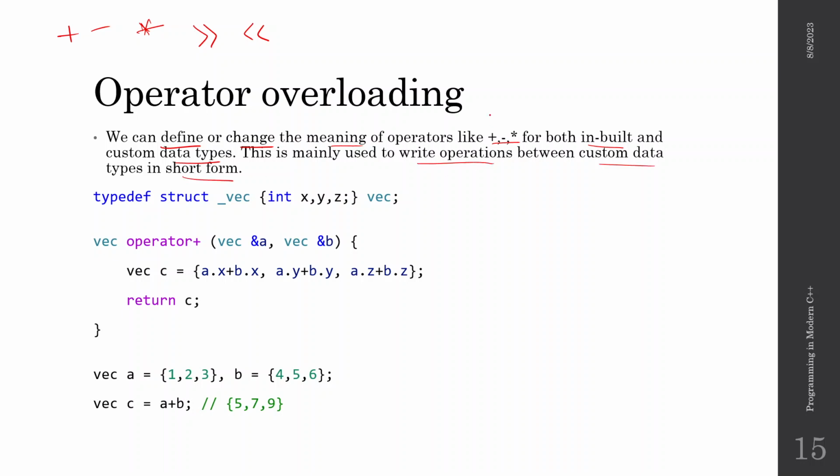For example, a very simple example that all of you have used, which is string concatenation. Suppose we have two strings, hello and world. Now in most languages if we write plus between them, then they are concatenated.